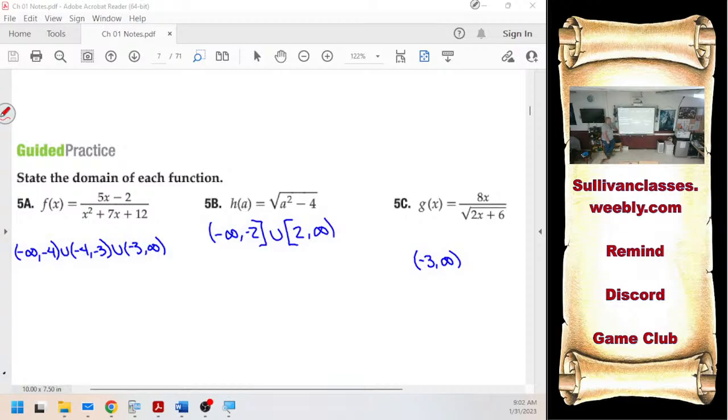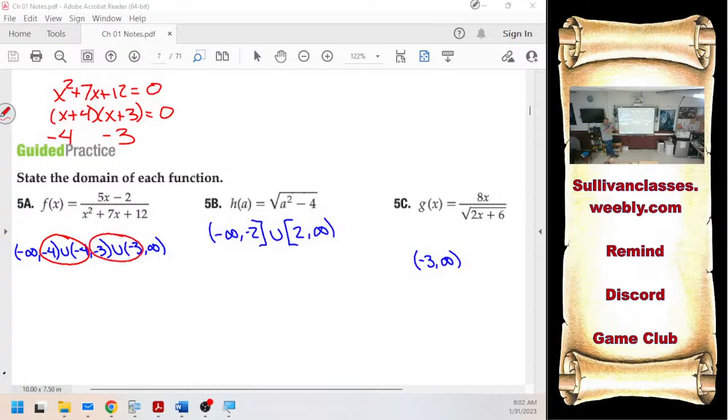5-8. I set that equal to 0, right? I find my 2 culprits. If I have x is either -4 or -3, I'm going to end up dividing by 0. Do you see why it's a union on -4, a union on -3?